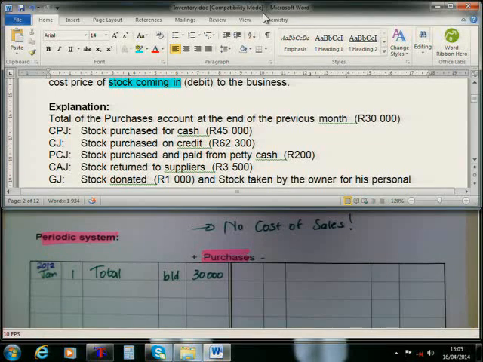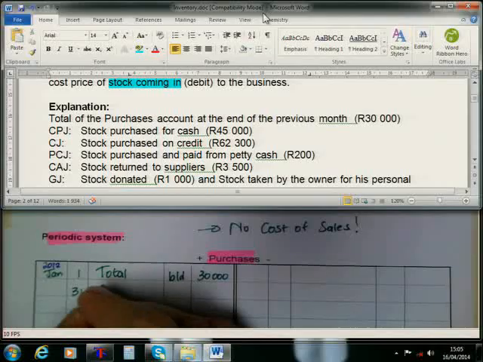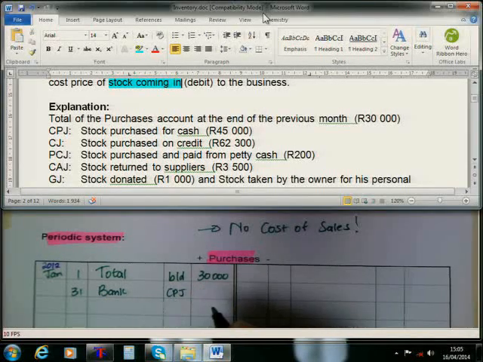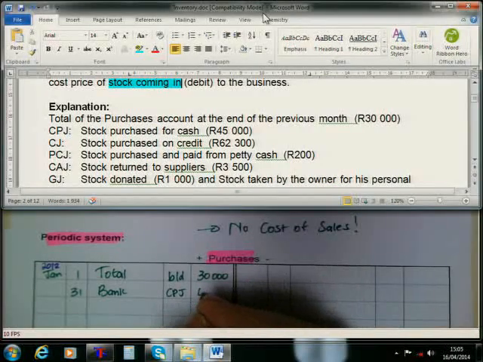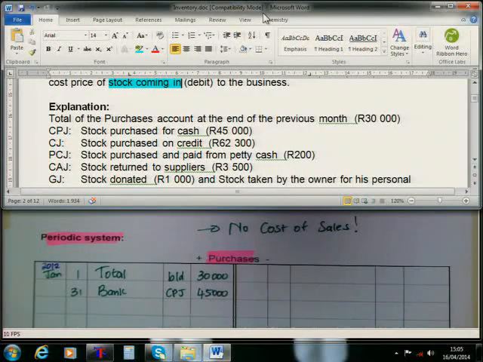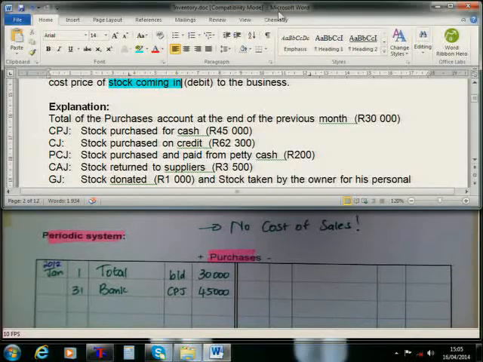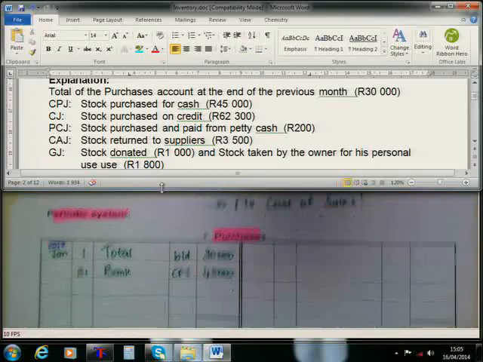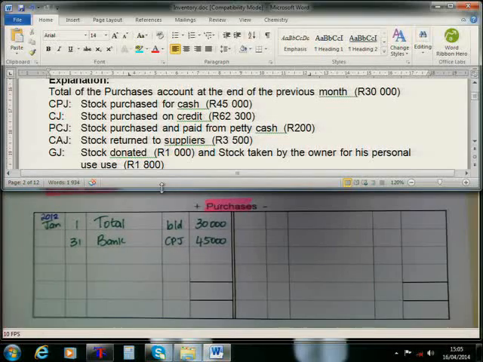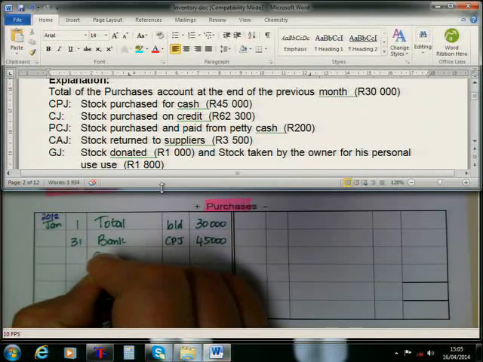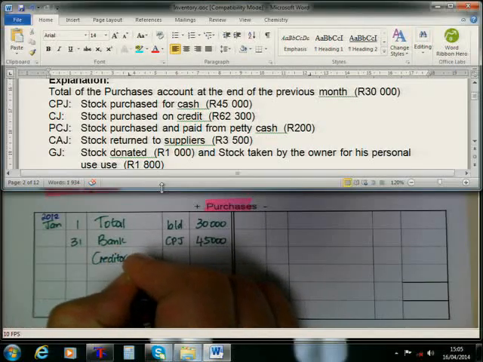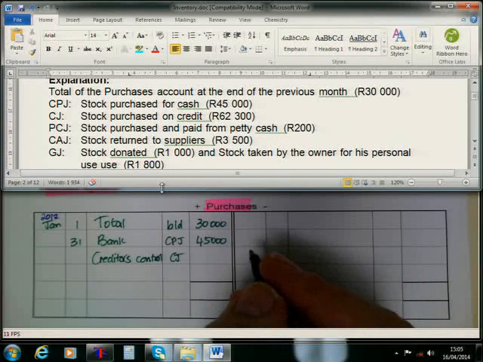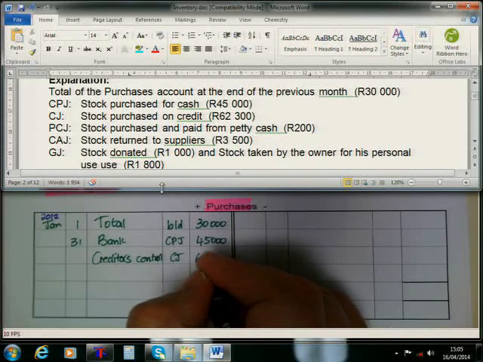Stock purchase for cash, 31st of January, bank CPJ, because we bought for cash, and that gives you 45,000 Rand. Stock purchase on credit, and we bought from our creditors, so we put the creditors control, CJ, and that gives us 62,300.